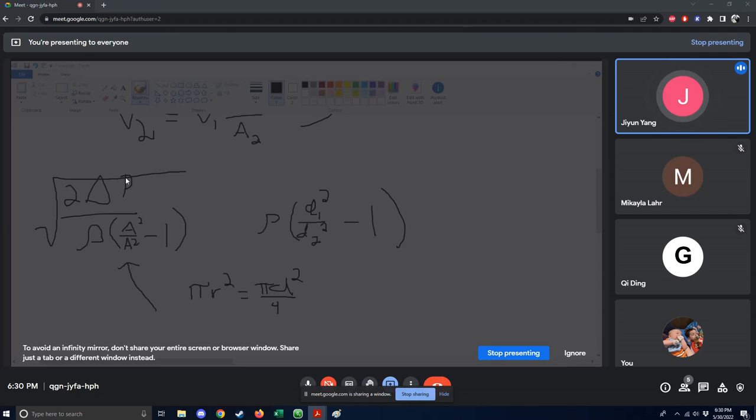Oh, I see. You just need to find it. Yeah, because pi r squared is pi times half the diameter squared. Yeah, going from a ratio of areas is directly proportional to a ratio of the diameters.